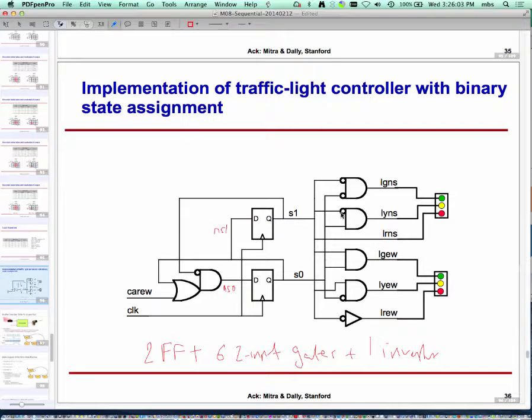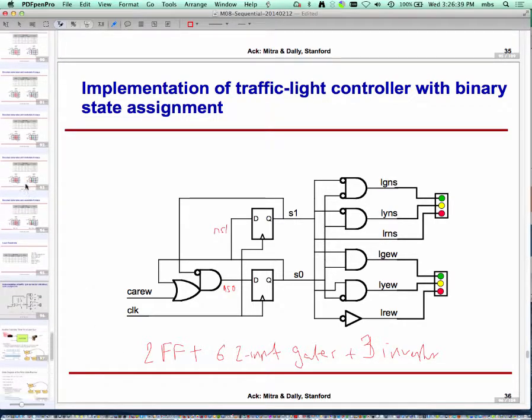I need an inverter here, and an inverter here, and this inverter actually is the same as this inverter, so I don't count it. So I'm left with this inverter. I need 2 inverters here, and an inverter here, so it will be 3 inverters.